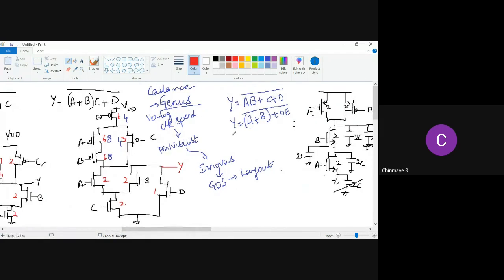And then I gave you homework, as in you try to draw the CMOS circuit, the schematic for this, and then size the transistors so that you have an effective resistance of R.